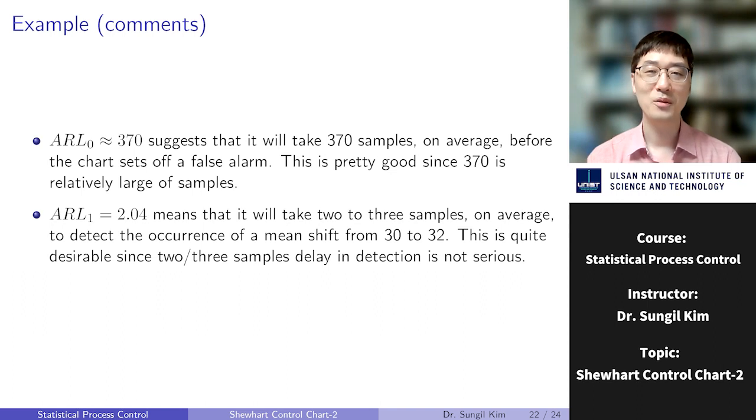From this example, we obtained around 370 ARL0 and around 2 ARL1. This is pretty good because 370 is a relatively large number, and a 2 sample delay in detection is not serious. As you see, using ARL, we can evaluate the performance of the control chart. So a control chart having larger ARL0 or smaller ARL1 is preferable.